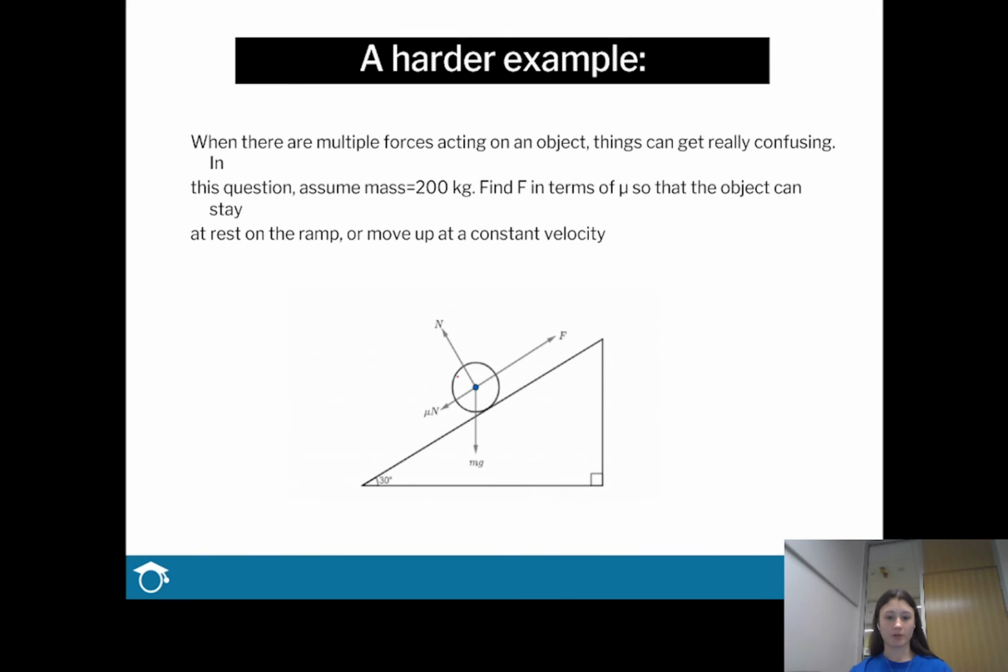So we can see here that this ramp is inclined at 30 degrees, and the force exerted on the ball that is pulling it down is mg, mass by gravity. The normal force is exerted perpendicular to the plane, and then the force pulling it up the plane and the friction on the mass is pulling it down the plane.